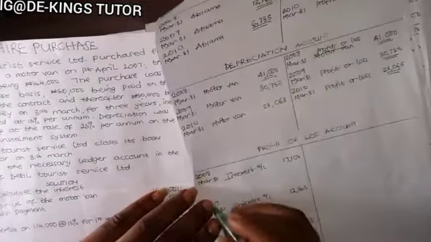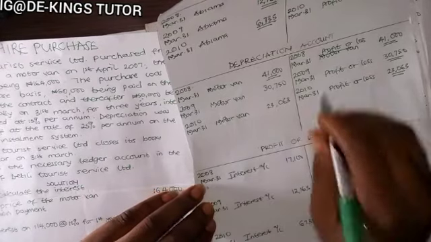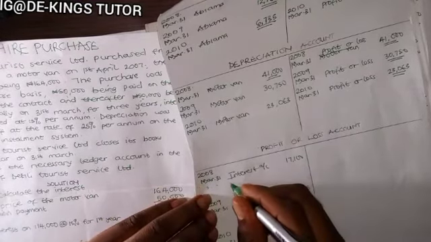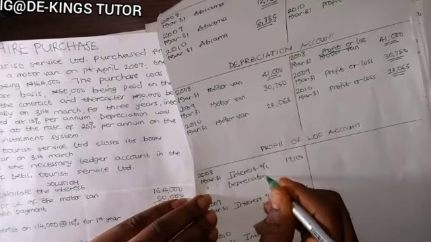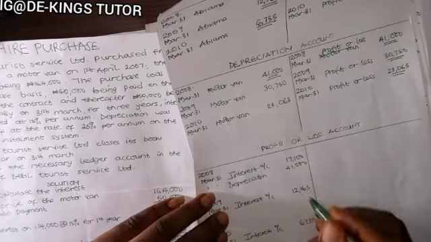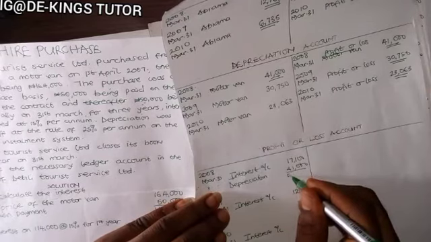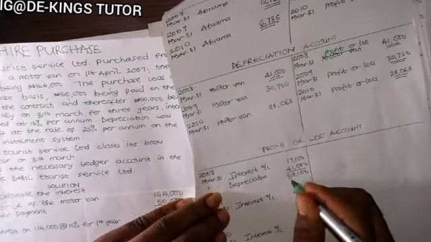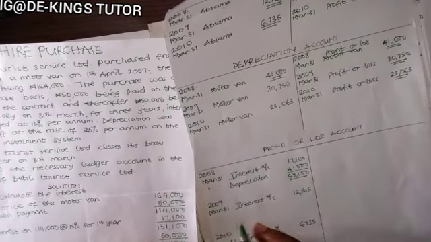So it's now posted here. The same date for 31st. So this will now be for depreciation 41,000. So when you add them together, you have 58,100 for 2008 for the total for profit or loss account.